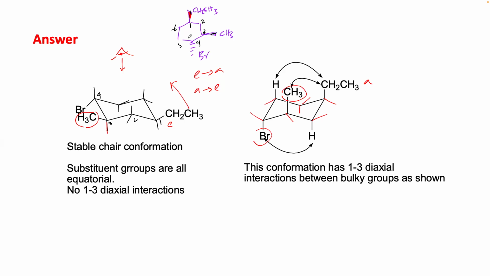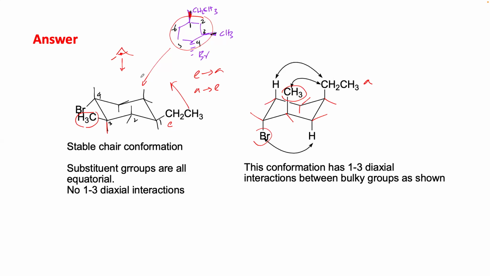Otherwise, you can label them as you wish, or you don't have to label them at all. I just put the numbers so it's easy for us to get the relative positions. Looking at the flat ring is different, and when you draw the cyclohexane conformation, you might miss the positions because it looks different.